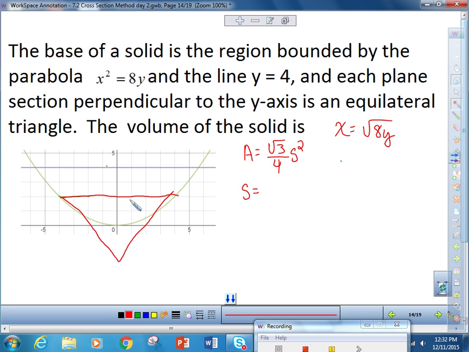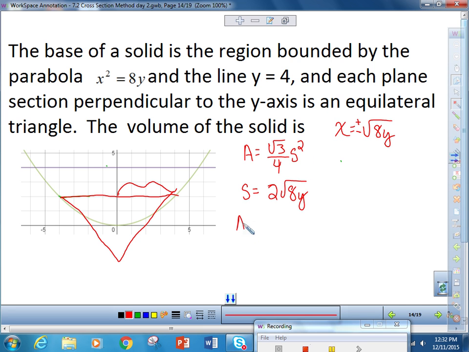So what is this length? Plus or minus root 8y. So what is this length? What's the entire length of the base? 2 square root of 8y. Does everybody understand why it's 2 square root of 8y? Yes? So now we just plug it in.